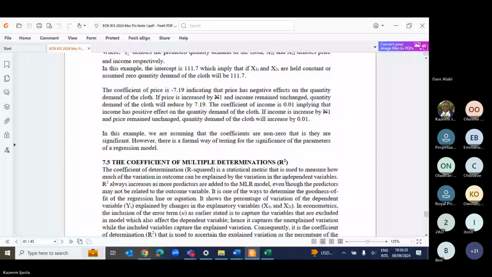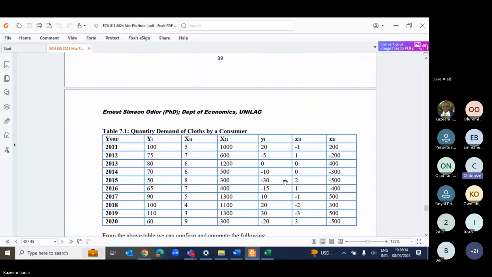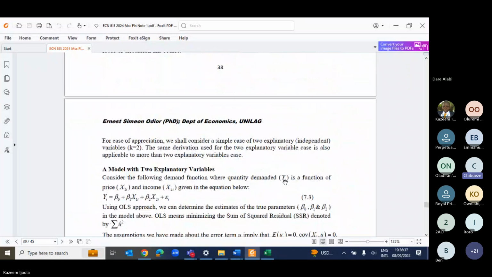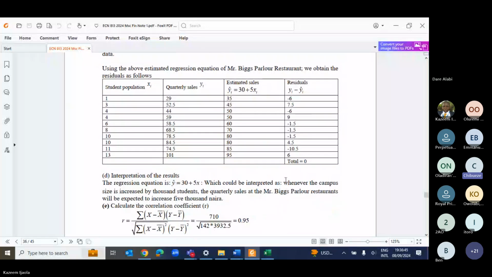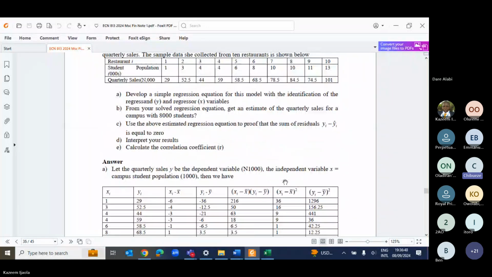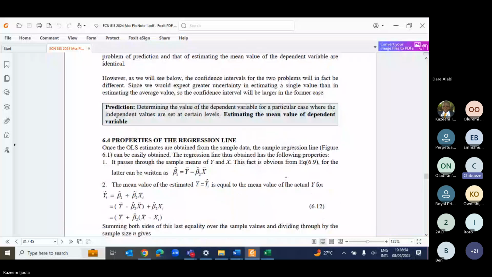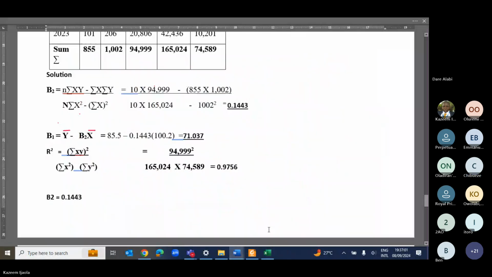What I have from my textbook is summation small x y all squared, which is summation of x minus the mean of x, times y minus the mean of y, over summation of x minus the mean of x, times summation of y minus the mean of y, squared. Okay, that is what you use for your R square, right?